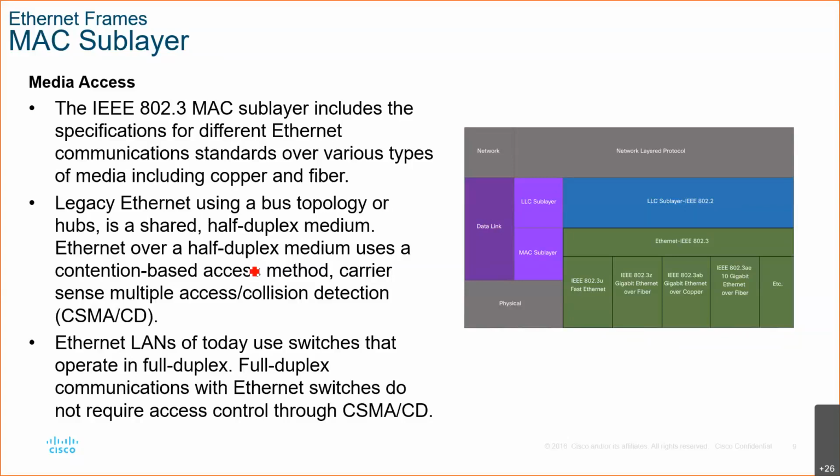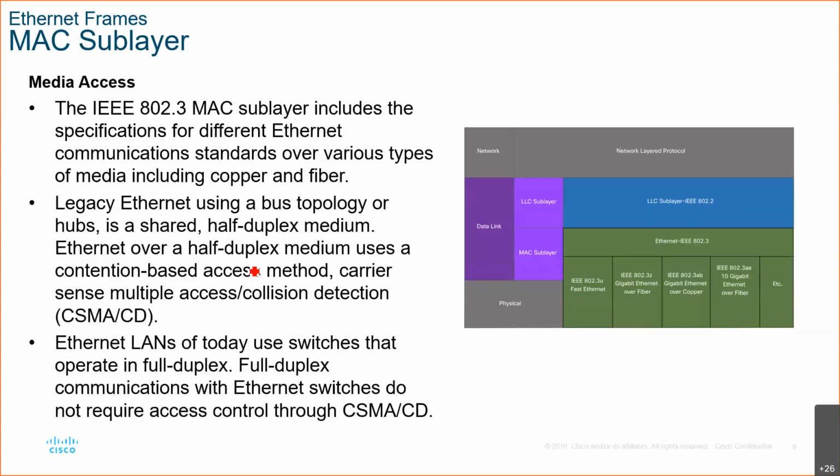In the olden days, in terms of bus topology, we used to use hubs or perhaps half duplex medium. So in those situations, remember we studied CSMA/CD. In those situations, you're using a half duplex media, okay?